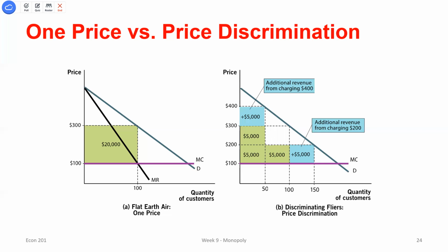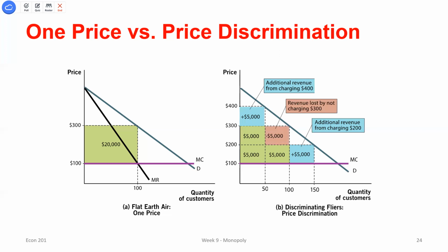Selling at this price of 200, I can now sell additional units that I wasn't before. For these consumers, 100 to 150, I benefited $5,000 from them. But setting this second price of 200 for the 50 to 150 consumers, the people that were coming in that range, I lose out on $5,000 that I had.